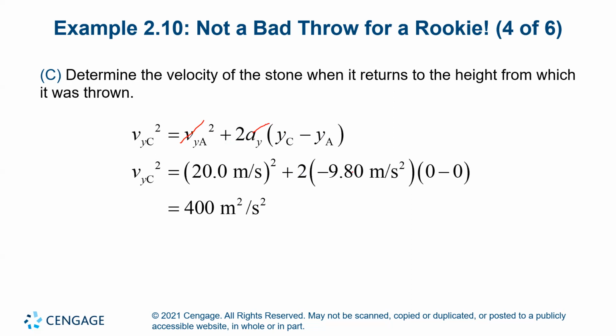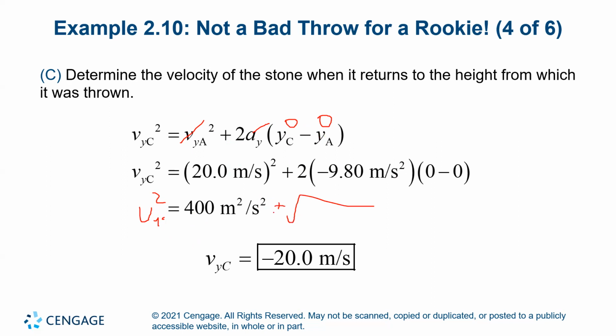And yC minus yA: well, yA is at 0 and yC is also at 0. So you have now VyC squared equals 400 meters squared per second squared, and we actually get the square root of 400 here, but remember that square roots always have a plus or minus. Square root of 400 is 20, so the answer is plus or minus 20. You choose the answer with a minus sign because you know that the ball's direction is downward at point C.